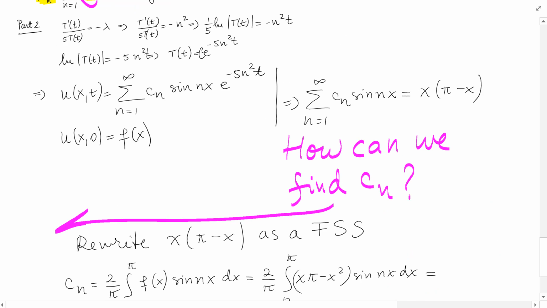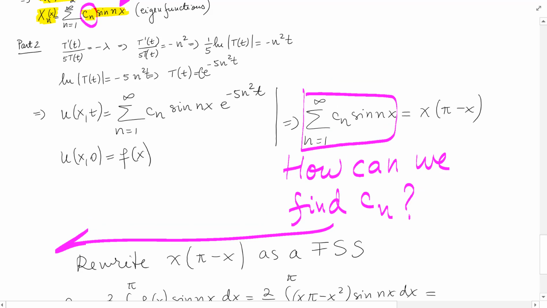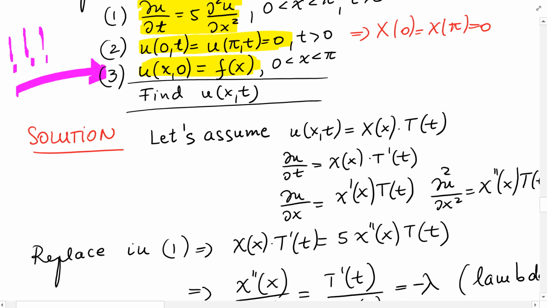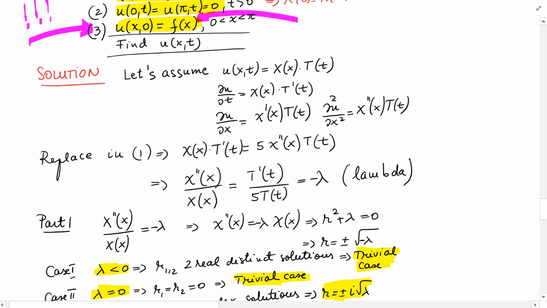This piece here, at time 0, is equal to f of x based on this initial condition that we started with, this one here that I told you is very important. So when you set t equals 0, then u of x is going to be equal to f of x.